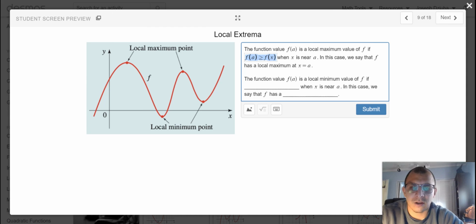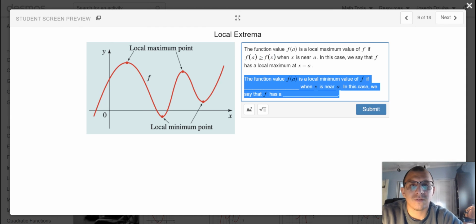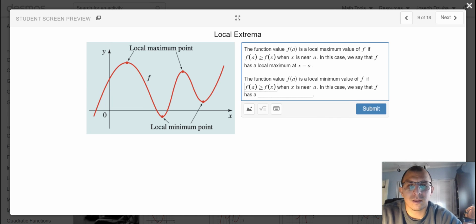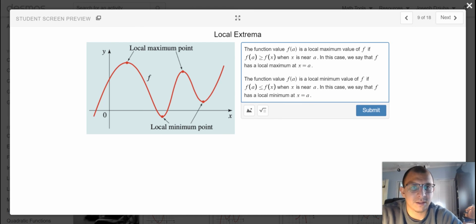And when a particular function value is less than or equal to the function values nearby, we say that f has a local minimum at x equals a.